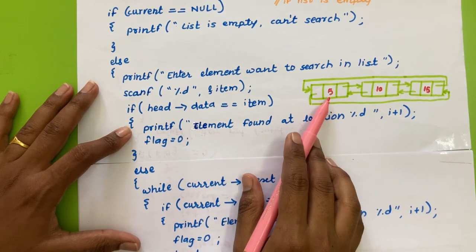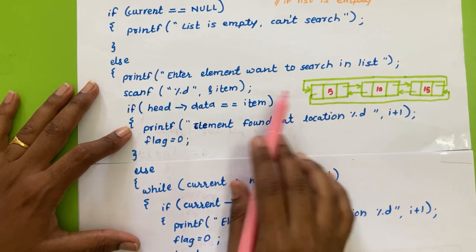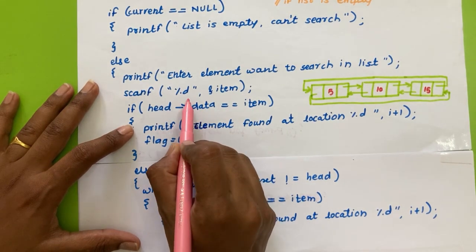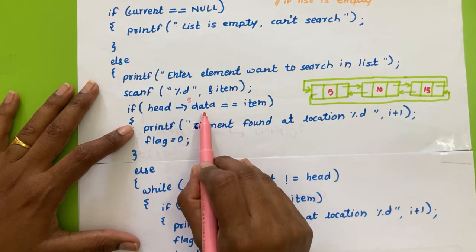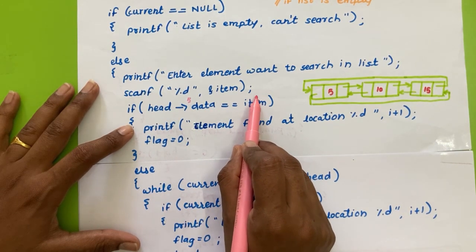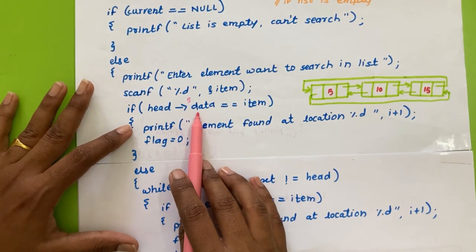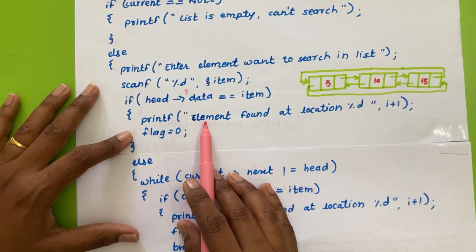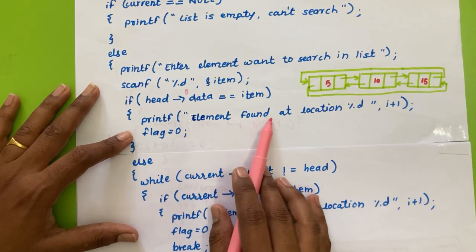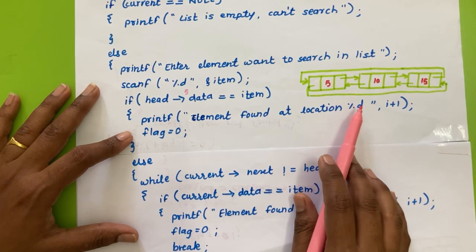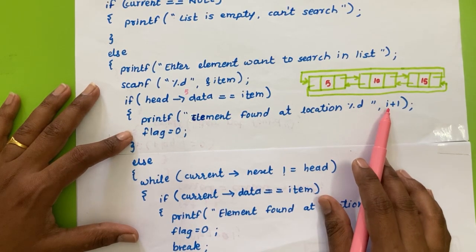Suppose we consider the item value 5. So head data, that is 5, is equal to the item value, which is again 5. If this condition is satisfied, then we have to print the location of the found element: element found at location %d, and instead of this %d we'll print the value of i.